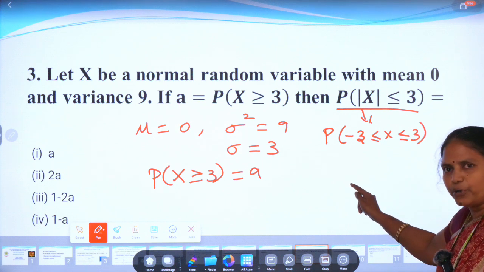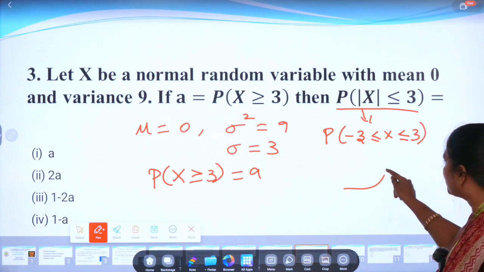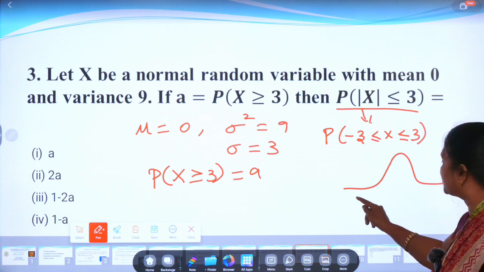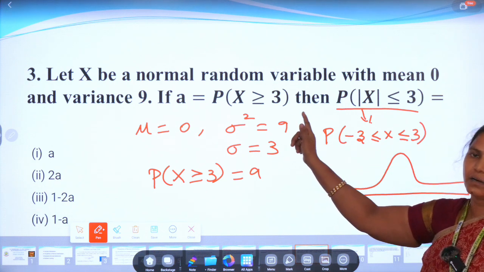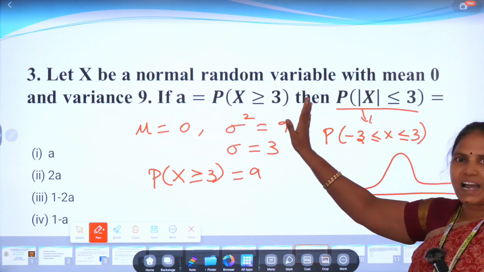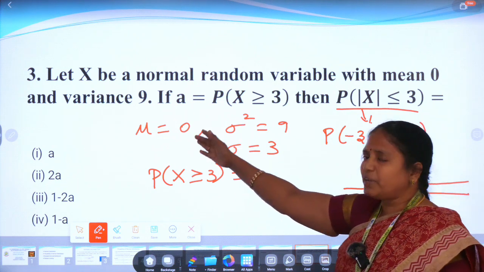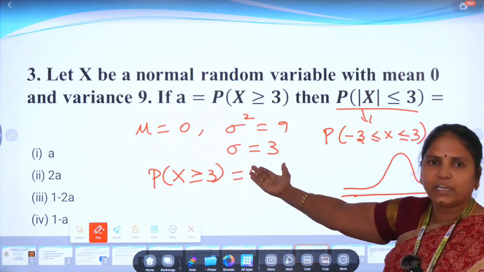For this, I am going to draw the normal distribution. So this is the normal distribution in this problem. This is not the standard normal distribution. In the standard normal distribution, the mean is 0 and the variance is 1.